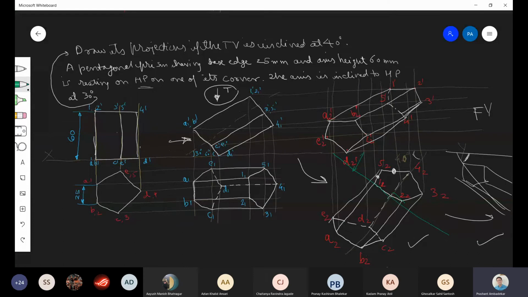This angle... 50. टोटल तो 180 होता है ना. हाँ अच्छा sorry. Okay, 50. This is 40, this is 90, this is 50.